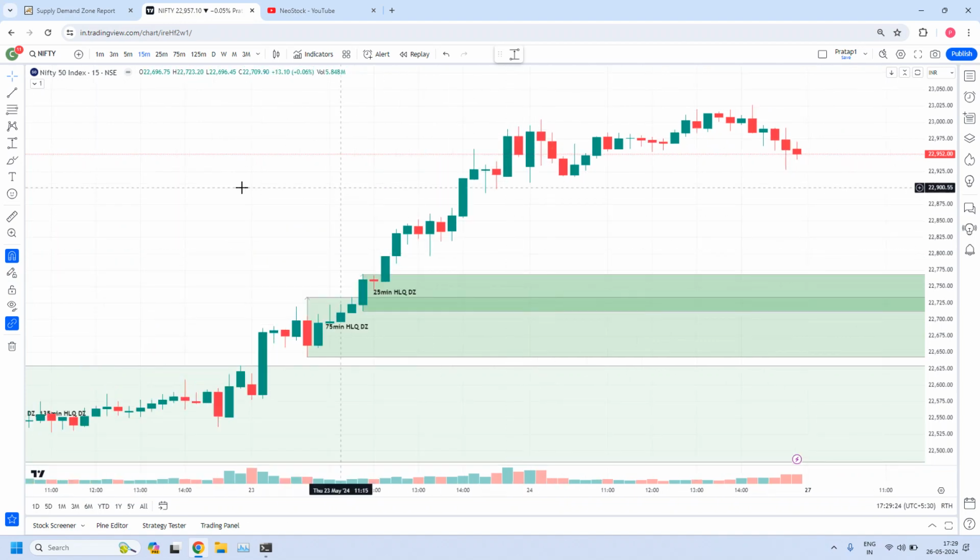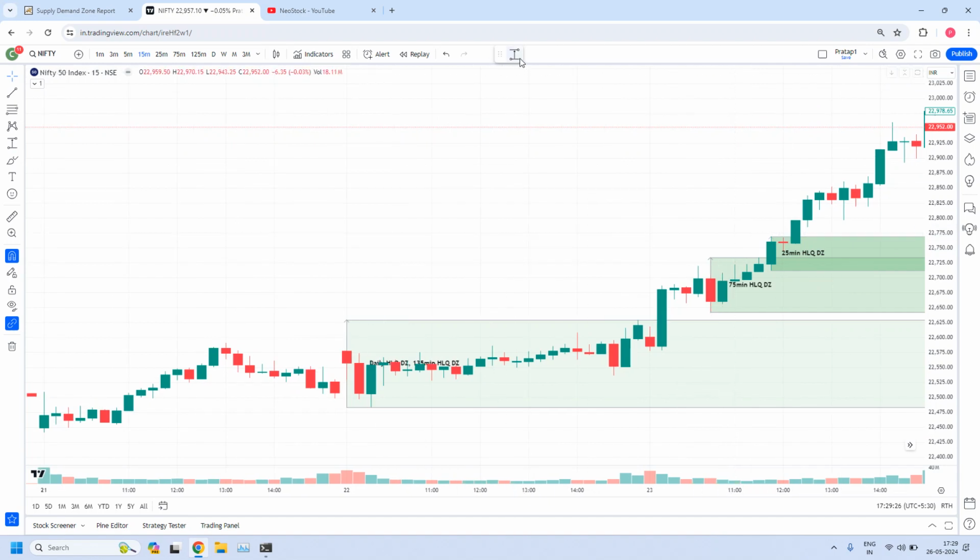So within the same 25 minutes zone, we have a 15 minute zone.